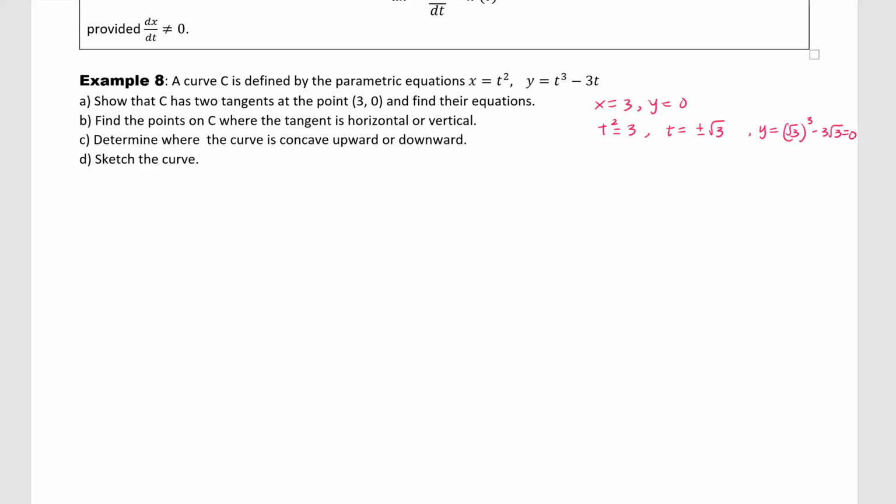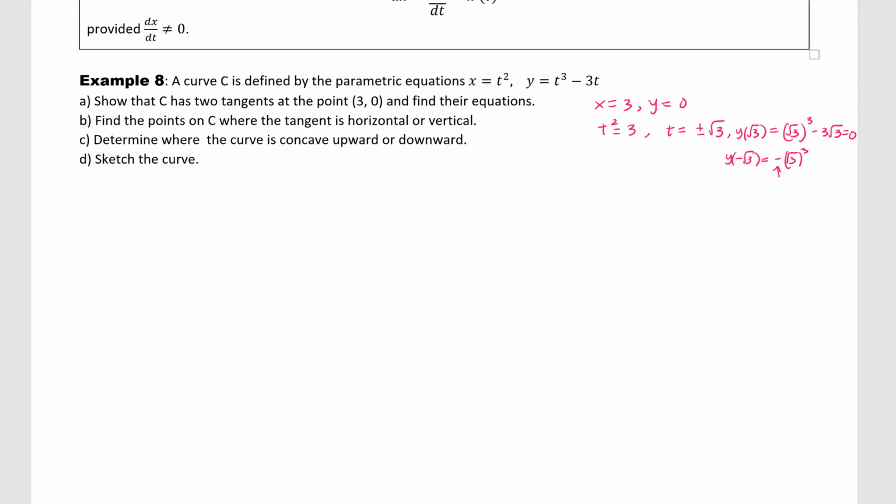We get 0. And also y of negative square root of 3: we get negative square root of 3 cubed. The negative 1 cubed is negative 1, so we can put the negative outside.